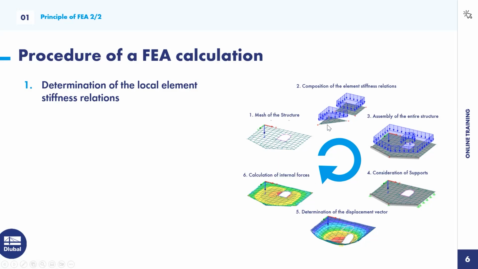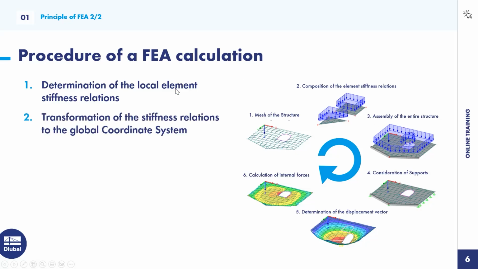For these finite elements, we can define the stiffness matrix, the element stiffness matrix, as well as the element load vector. So we have the system, if we only inspect one finite element, already known. And in the next step, we will combine all of those elements, and therefore we will combine the element stiffness matrices and the element load vectors into the global stiffness matrix as well as the global load vector.